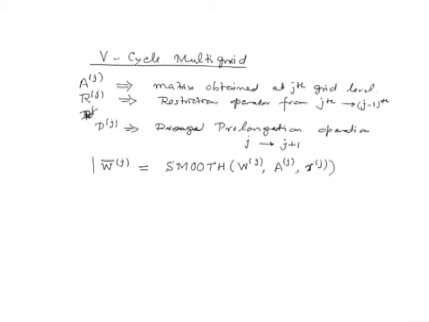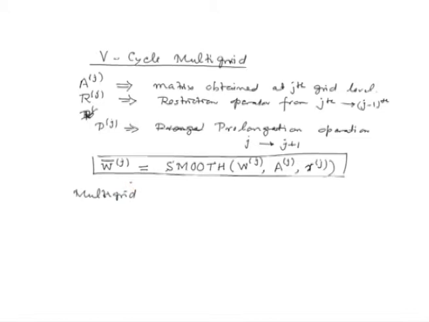So, this is our smoothing procedure. Now, with this notation we will say how we obtain our multigrid solution. So, the multigrid algorithm is a recursive algorithm.